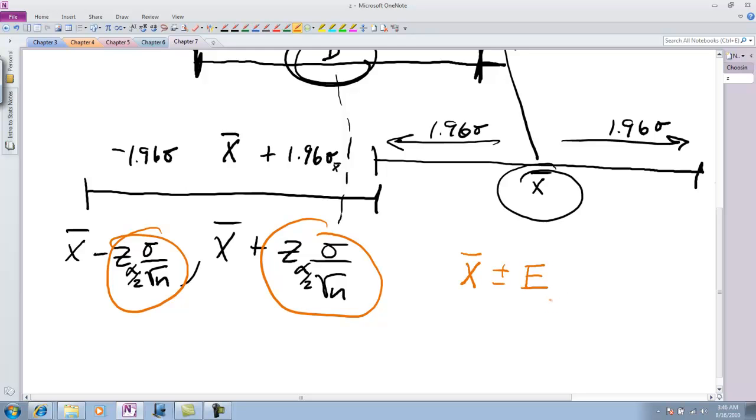Our acceptable error is based on our confidence level, and we can figure out how big our sample size should be so that our error is reduced to whatever degree of precision we'd like. If we'd like to be only off by 0.5, we can make that happen by picking an appropriate sample size.